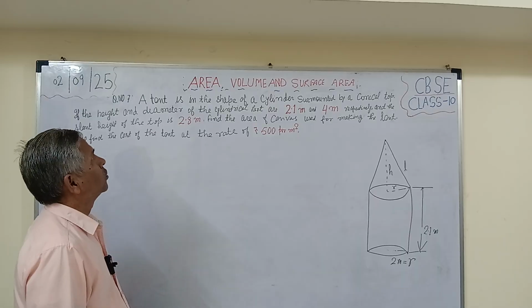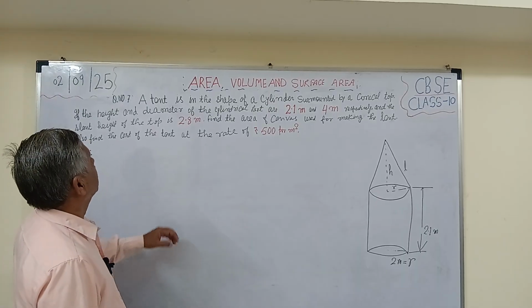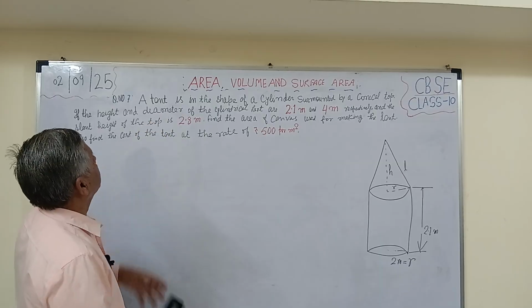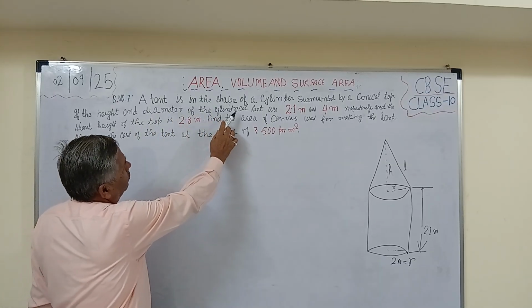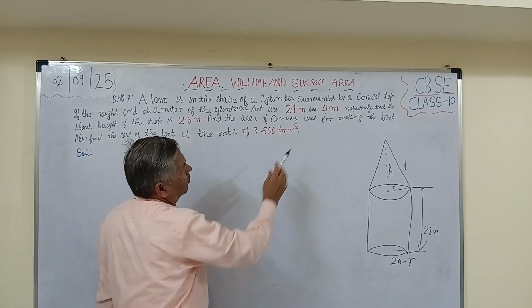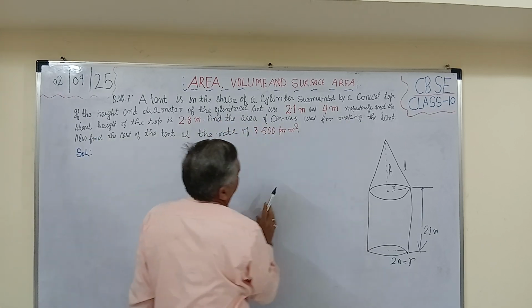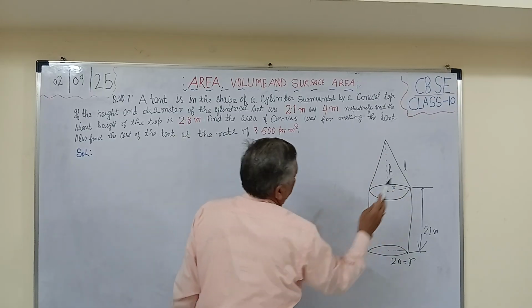आज मैं क्वेश्चन नंबर 7, जो एनसीईआरटी बुक का एक्सरसाइज 12.1 है, करने जा रहा हूँ, जो सरफेस एरिया एंड वॉल्यूम चैप्टर से है। नाउ द क्वेश्चन इज: A tent is in the shape of a cylinder surmounted by a conical top. मतलब सपोज ये सिलेंडर हो गया और surmounted by a conical top.